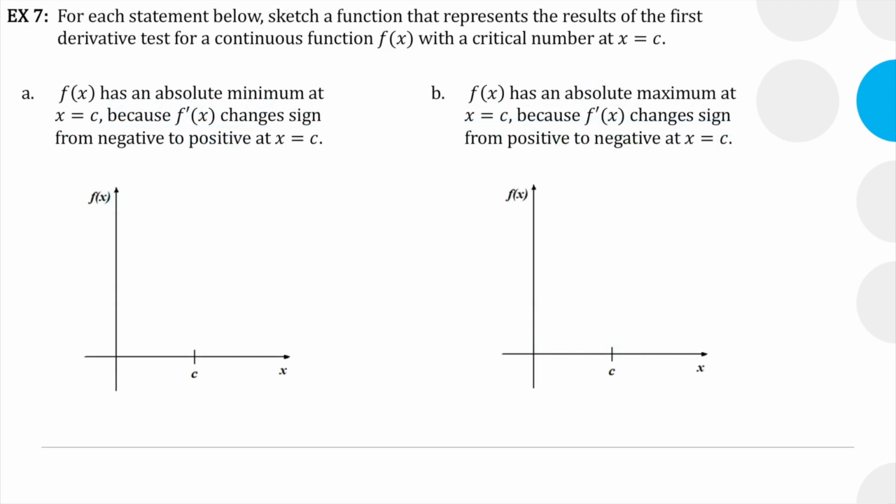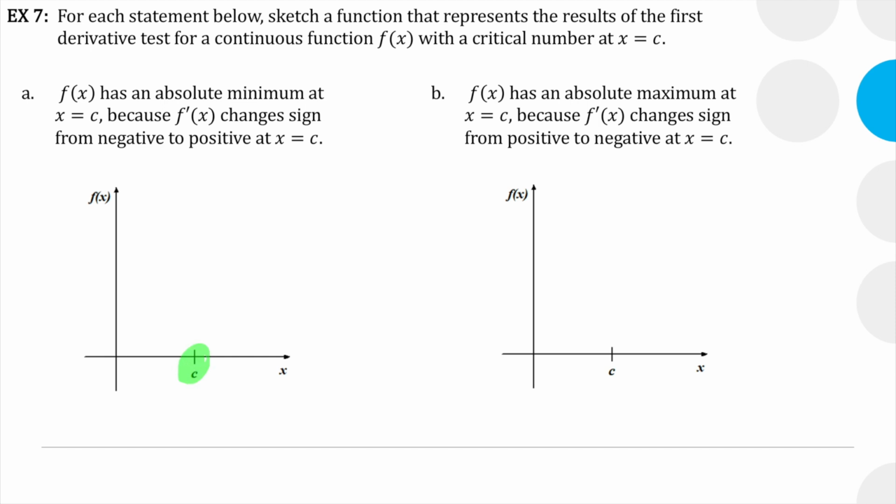This is kind of fun because now we're going to change it up a little bit and you get to draw. For each statement below, sketch a function that represents the result of the first derivative test for a continuous function f of x with a critical number at x equals c.